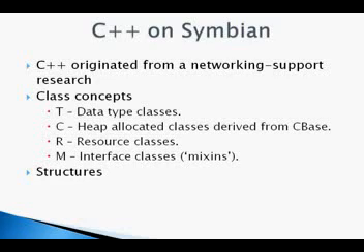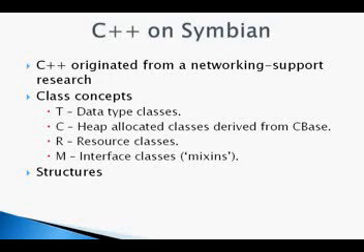The T class contains data types, the C class contains heap-allocated classes derived from CBase, the R class contains resource classes, and M means interface classes. These four classes are very essential on the programming side of Symbian operating system.